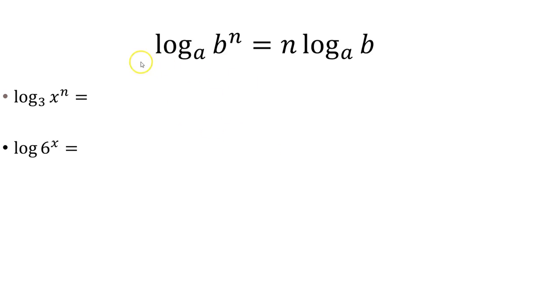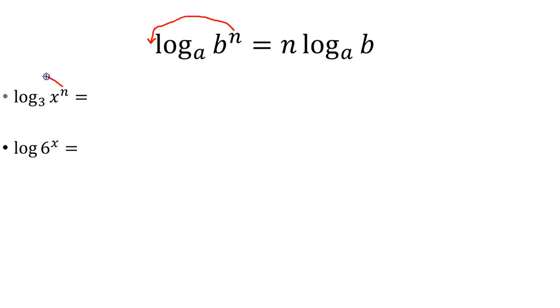Now, one of the most powerful concepts in working with logarithms is the idea that if we have a value being raised to a power, if we take the logarithm of that value, then the power comes out front. So as you can see in our example here, we're going to take this n, the exponent, and bring it out front. So let's take a look at a couple of examples.